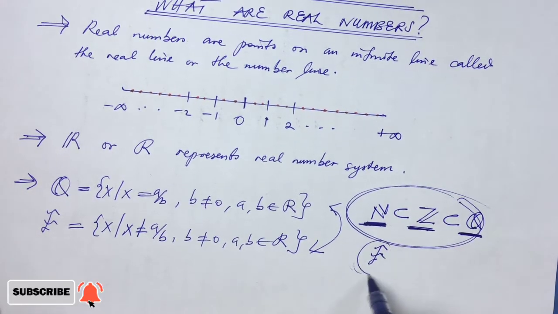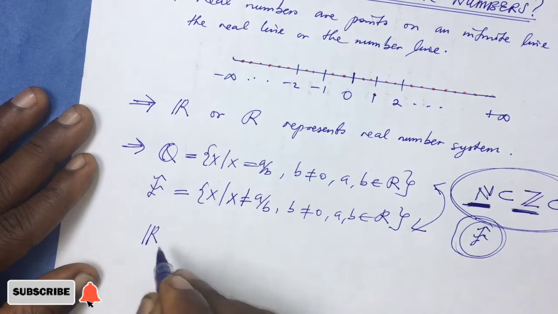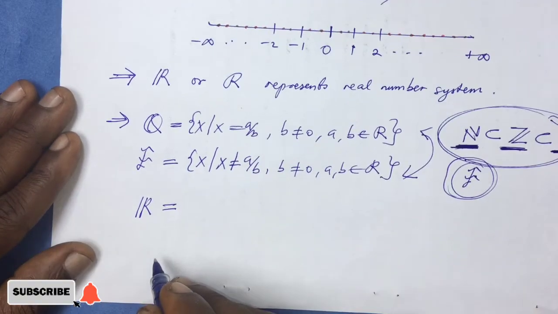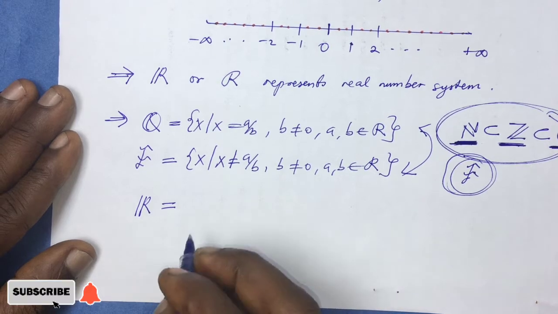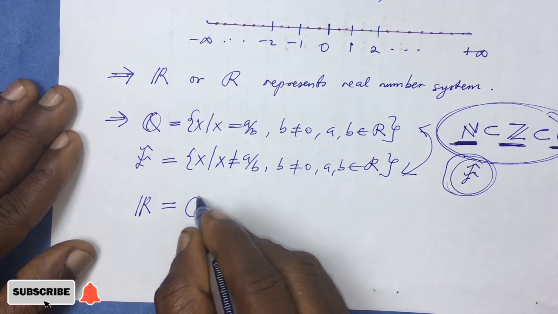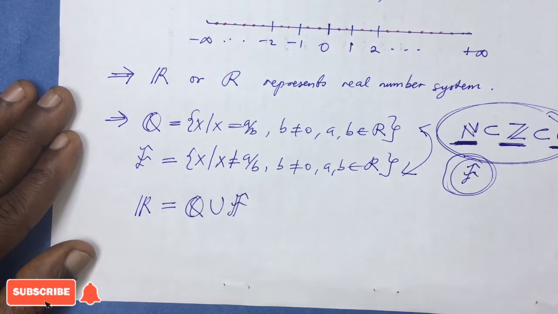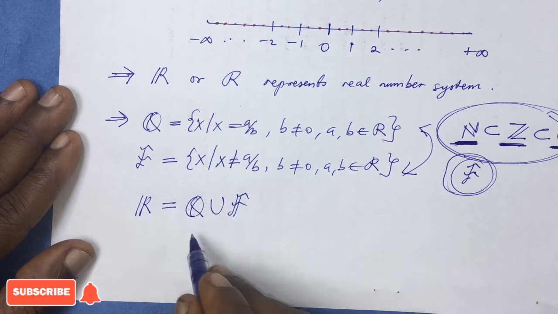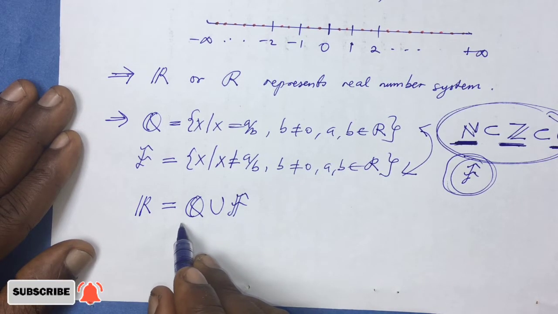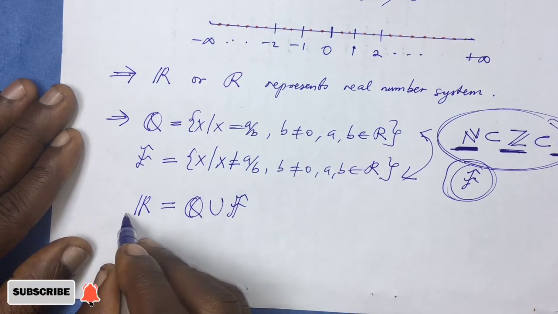So this set here has nothing in common with this set. For that reason, put together, we define the real number system as the union of Q and the irrational numbers. When you unite the irrational number system with the rational number system, it gives you the real number system.